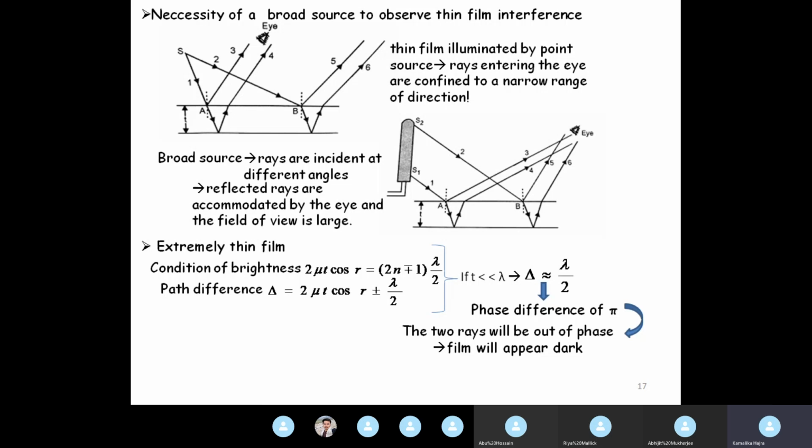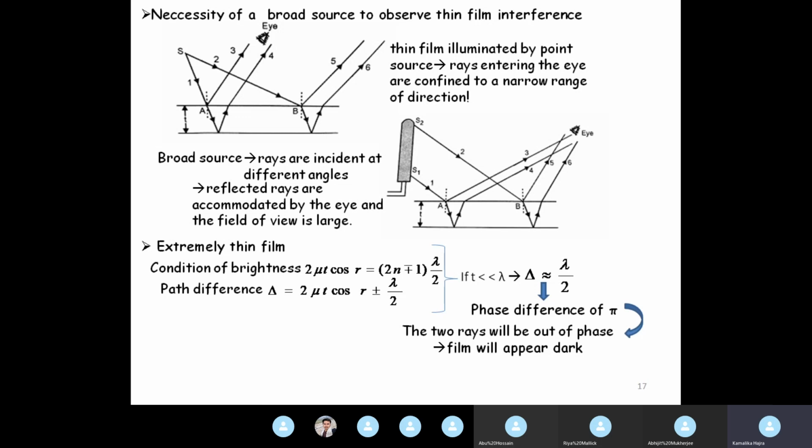Path difference between the interfering rays being lambda by 2 indicates that the phase difference between these interfering rays is pi. And if two interfering rays are totally out of phase, then there will only be destructive interference. So the film will appear uniformly dark. So if it is a very thin film, how thin?